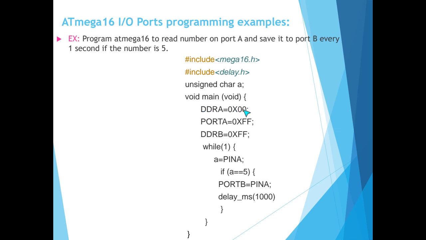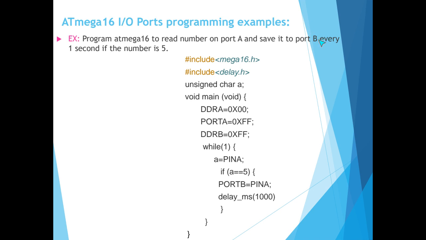Again, for preventing noises, we said that when we configure a port as input, it's better to activate the pull-up register. And to do that, we use the PORT register. PORTA equals 0xFF. By putting 1 for all of the bits, we can activate the pull-up register.